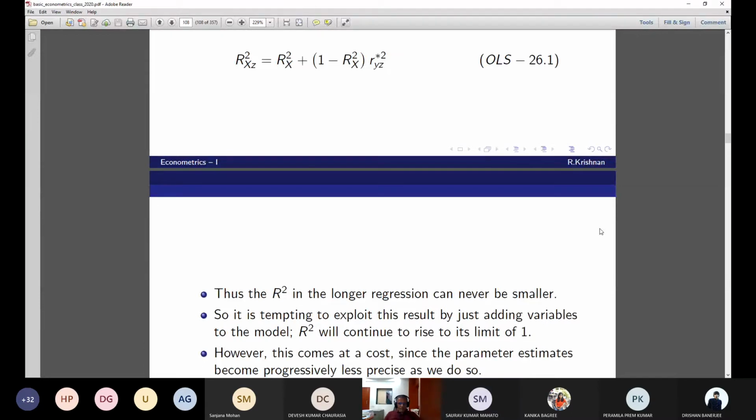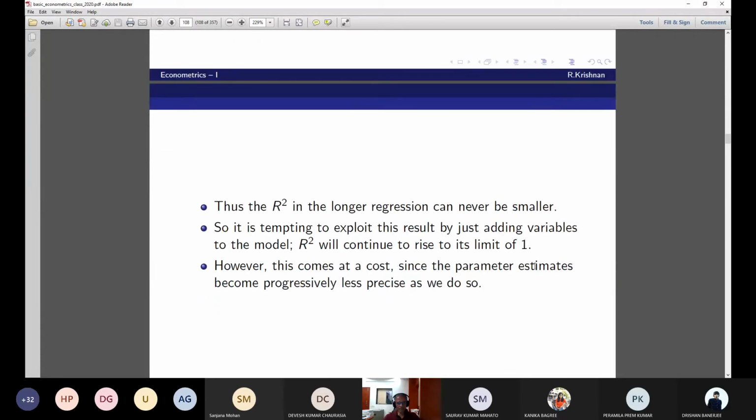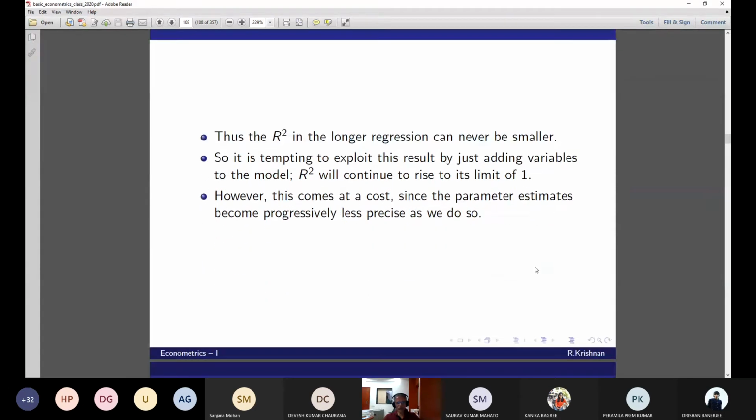Okay. Now, given this result, is it tempting to exploit it by just keeping on adding variables to the model so that R square will continue to rise to its limit of 1? This is too tempting, but it comes at a cost, since the parameter estimates become progressively less precise as we do so.